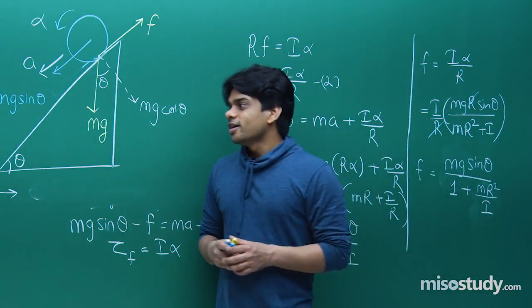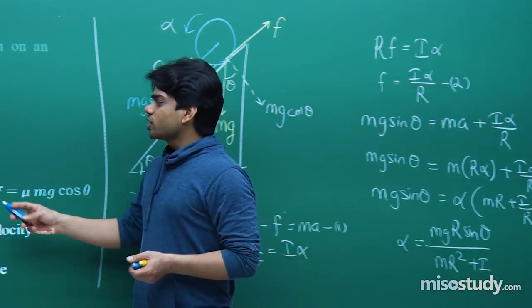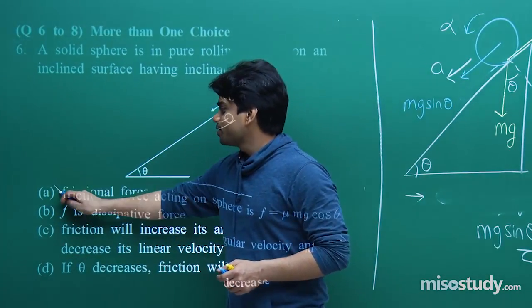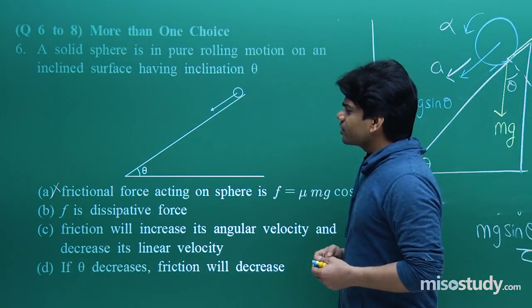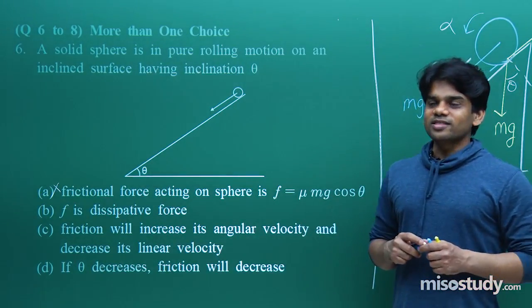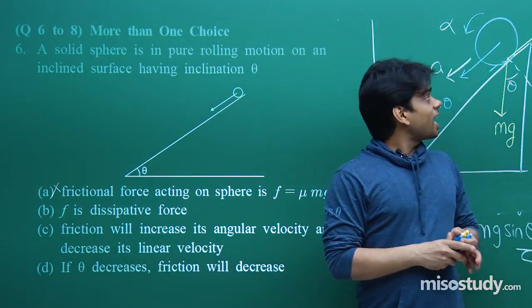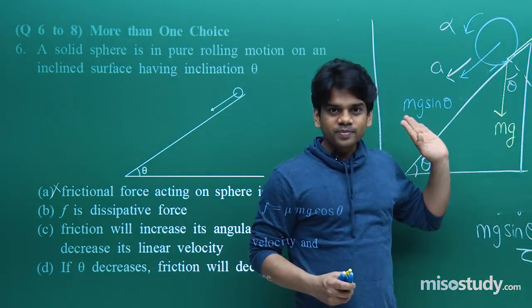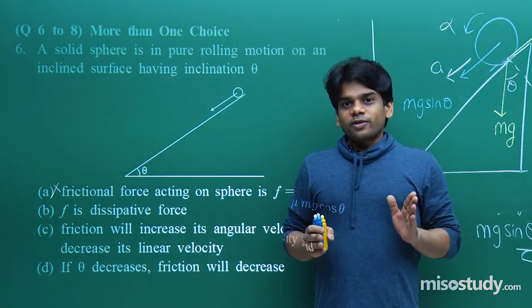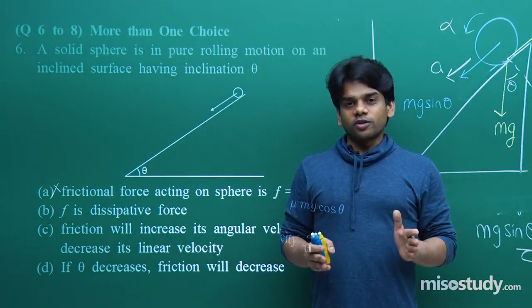Now let's go ahead. First option: frictional force acting on the sphere is F equal to mu mg cos theta. No, this is incorrect. B, F is a dissipative force. First of all, in this case, once again, try to understand. Frictional force is acting at the bottommost point. At every point of contact, there is no displacement due to frictional force.